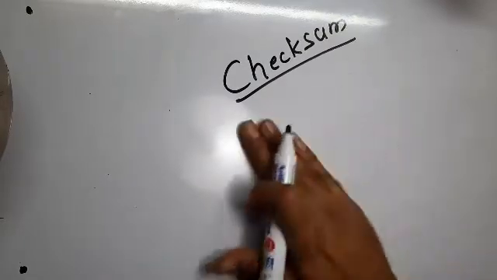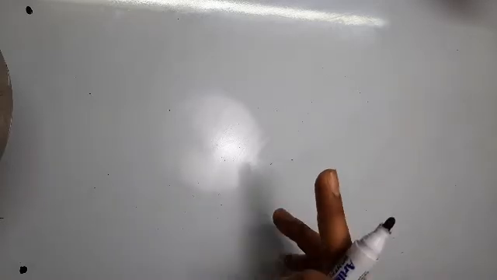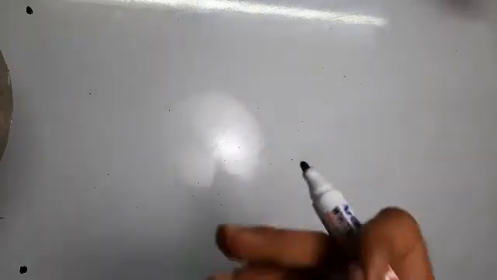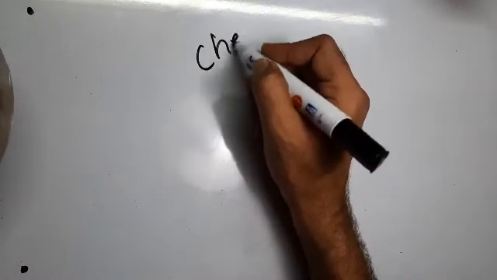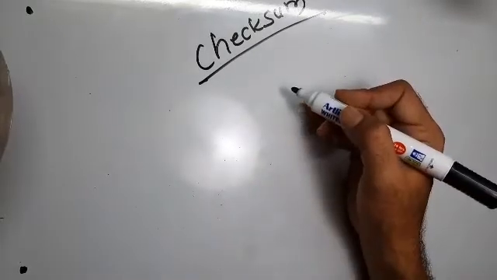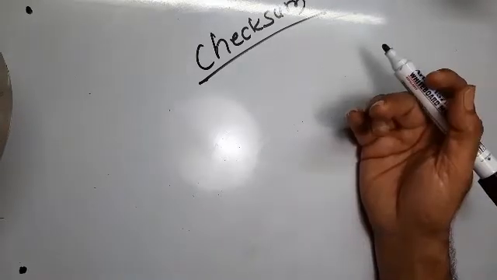I'll explain it during that time. I'm going to tell you where exactly this CRC calculated value will be placed. Now we are discussing checksum, which is useful at the transport layer and network layer.